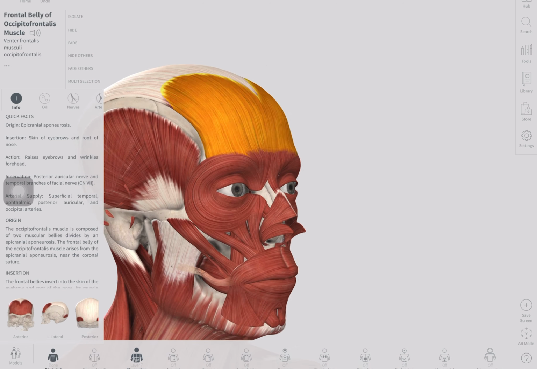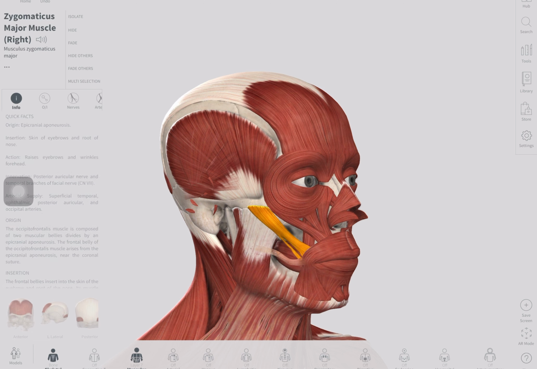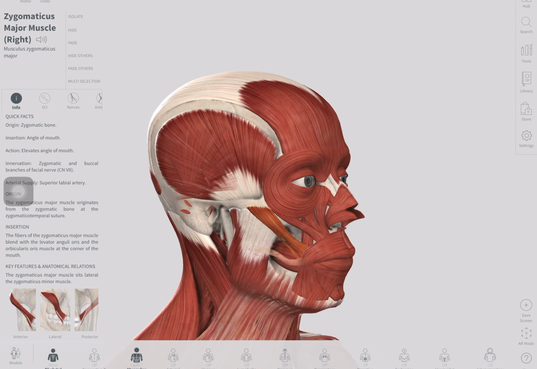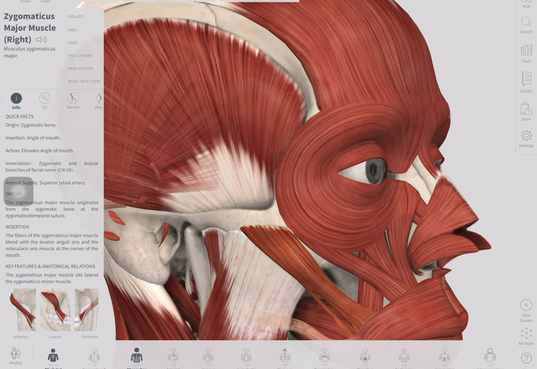Now as we move over here, we can start to see a number of muscles. And here is one, which is the zygomaticus. Zygomaticus. Now it makes sense because look where it is. It's attached onto the zygomatic process right there. So the zygomaticus. Now we go from there and we have the depressor anguli oris.